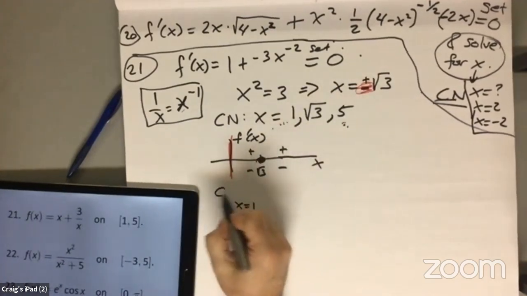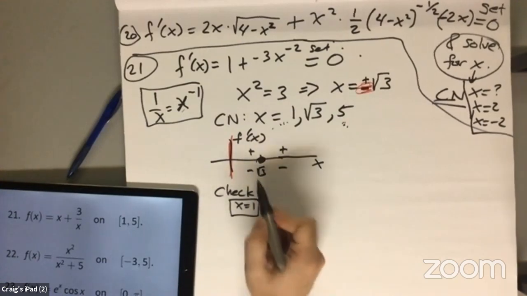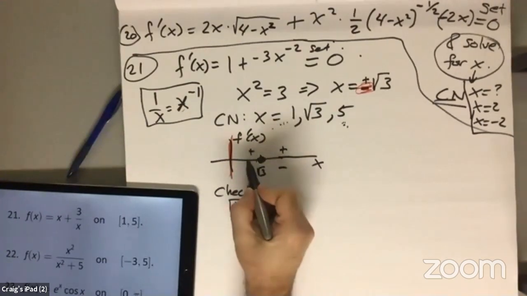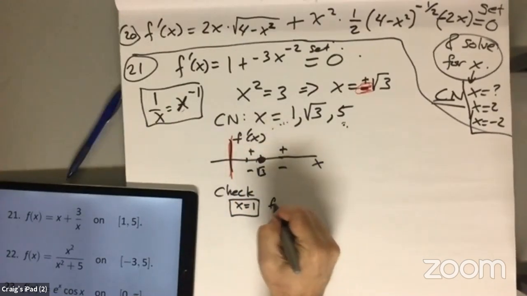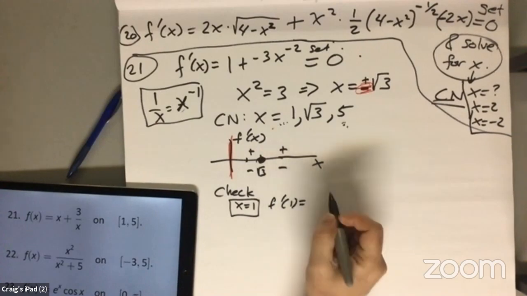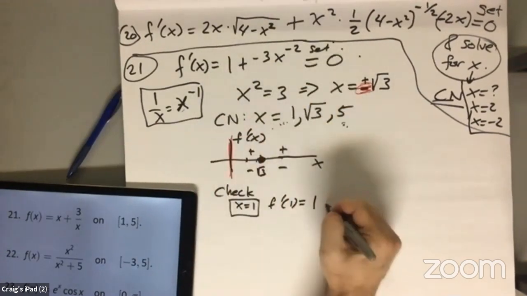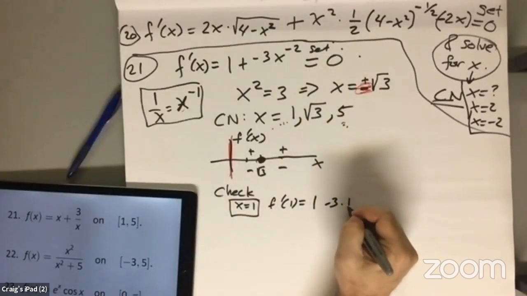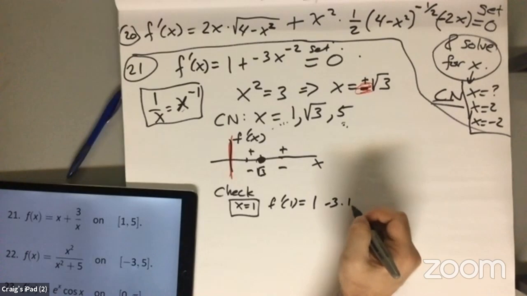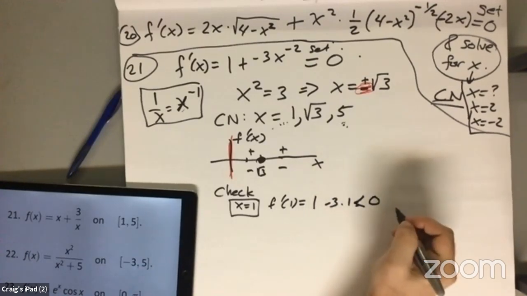So I'm just going to check x equals 1 because it's smaller than the square root of 3. It's about right here. And is it positive or negative? So f prime of 1, well, I put in a 1 here. I get 1 minus 3 times 1 to the minus 2 power, which is just 1. So 1 minus 3 is minus 2. That's negative.